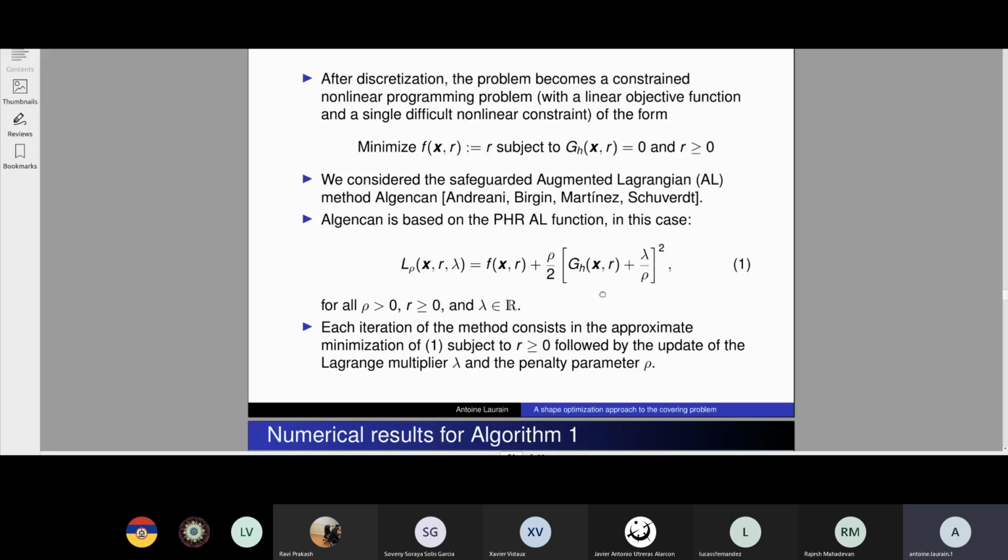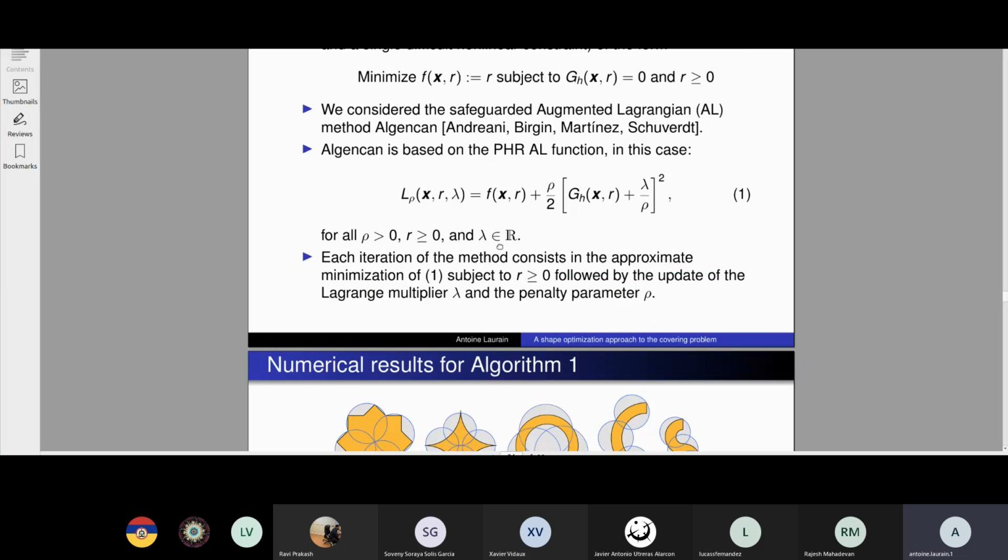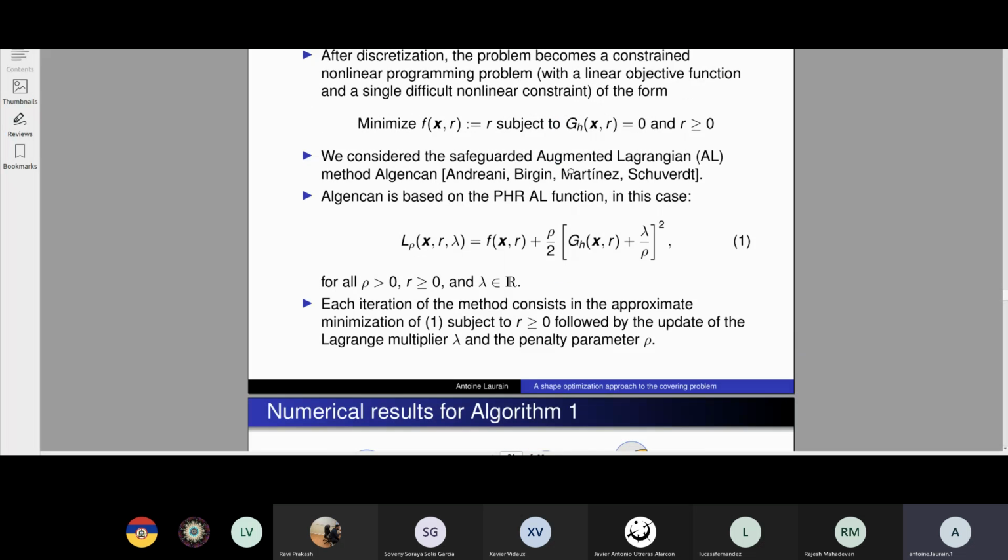And then you have this penalization of the constraints. And then you alternate between minimizing the Lagrangian and updating the Lagrange multiplier. The Lagrange multiplier is for the constraint, and some penalty parameter, which is called rho here. This penalty parameter is going to increase during the iteration, so as to enforce the constraint g is equal to 0. Okay. So this is a well-known approach for solving optimization problems with constraints.